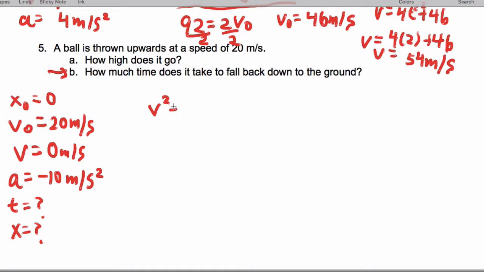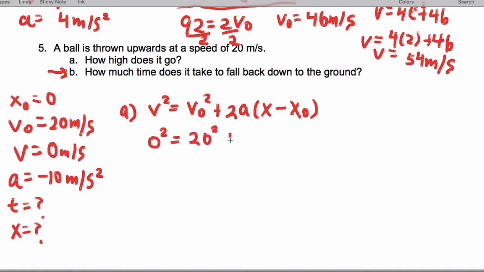So let's see what we can do. Since we don't have time for part A, I'll use this formula. So we have here 0 squared is 20 squared plus 2 times -10 times x minus 0.